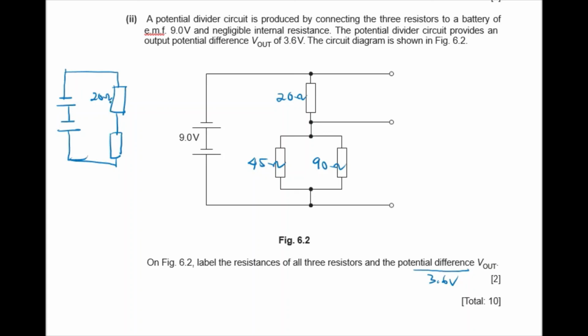Here 20 ohm and then here 30 ohm. Okay, where is the V output? So V output equals 20 ohm divided by total, times the supply. You will get 3.6 volt. So the V output, 3.6 volt, is across the 20 ohm resistor. So this is the V output.